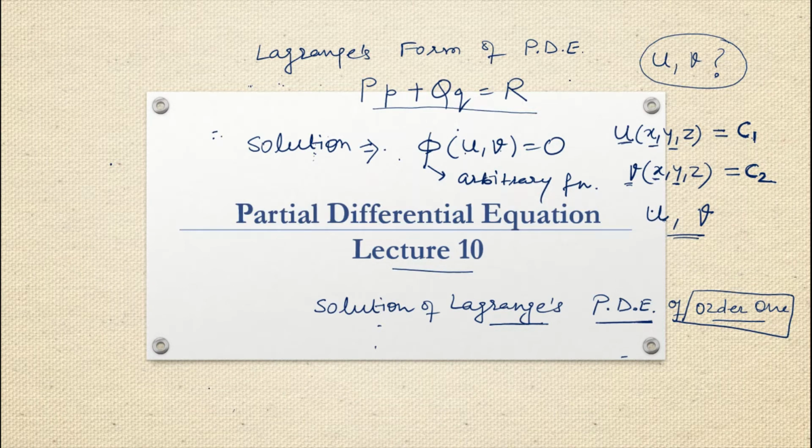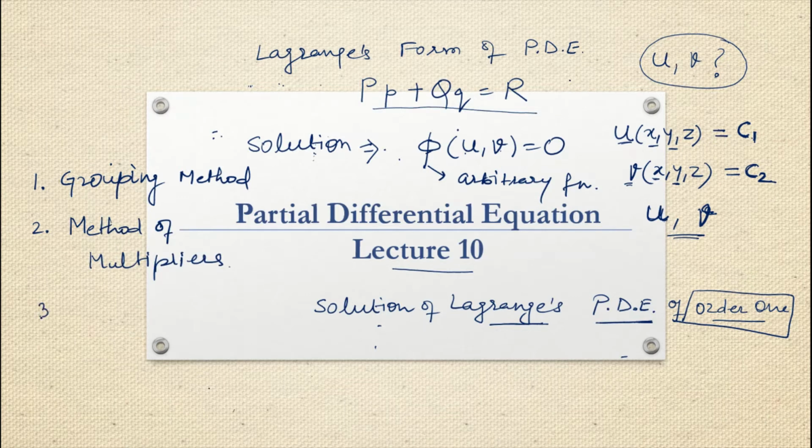Fine. So to get this u and v, two solutions for Lagrange's partial differential equation, we will be dealing with three methods. First method is called the grouping method. Second method is called the method of multipliers. And the third method will be a combination of grouping and method of multipliers.